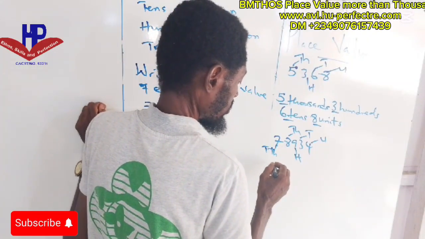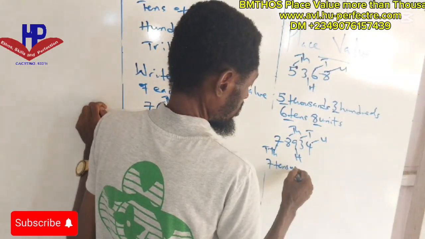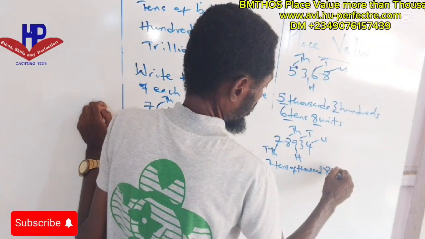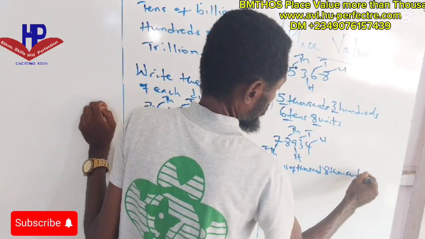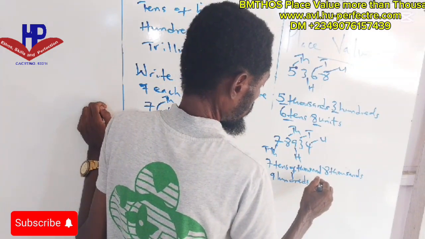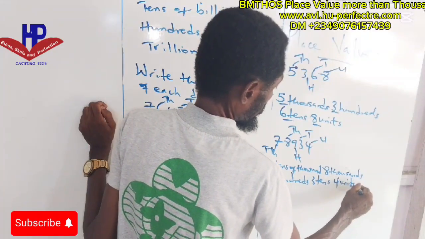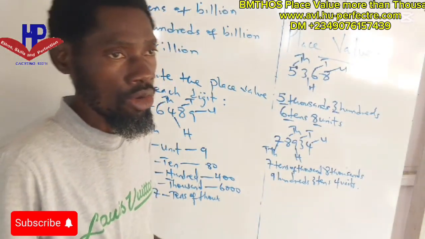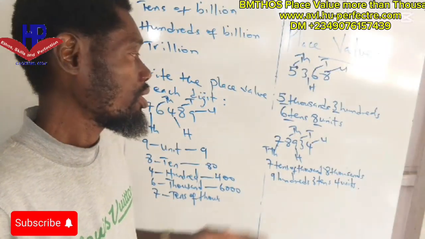So this is 7 tens of thousand, 8 thousands, 900s, 3 tens, 4 units. So these are the right numbers in words in their place value form. Should you be asked to write numbers in words in their place value form, this is how you go about doing that.